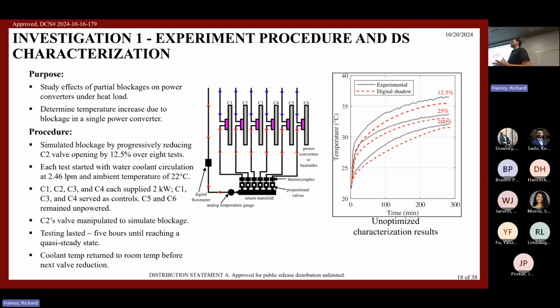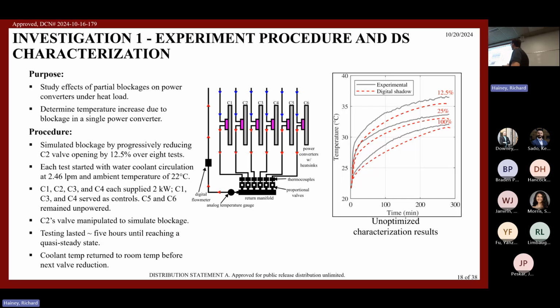Before the system was characterized, before we manipulated items within the simulation based on experiments that we did in the physical system, we were seeing inaccurate results. You can see in red the simulated rise in temperature for a simulated blockage versus what was actually seen during our characterization tests in the gray there.